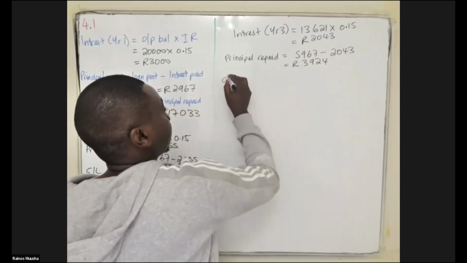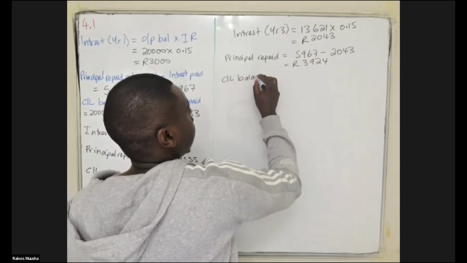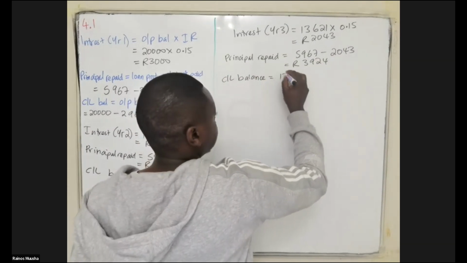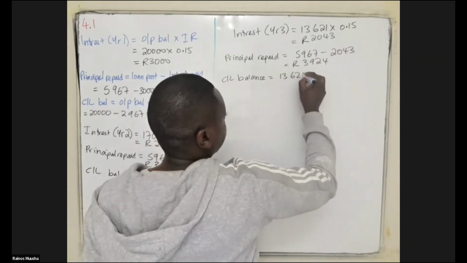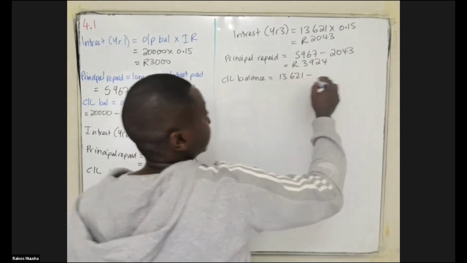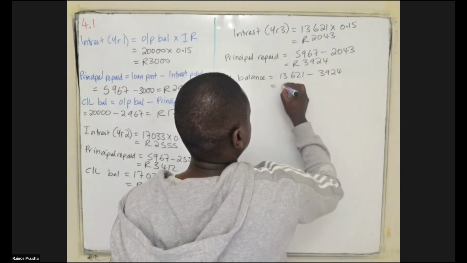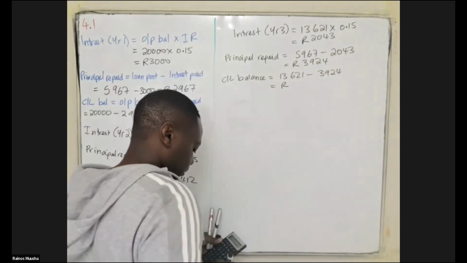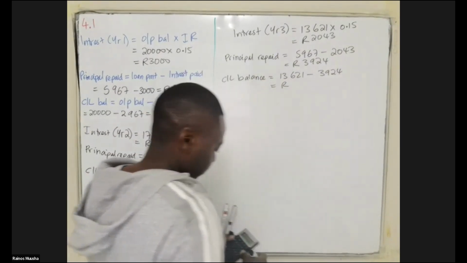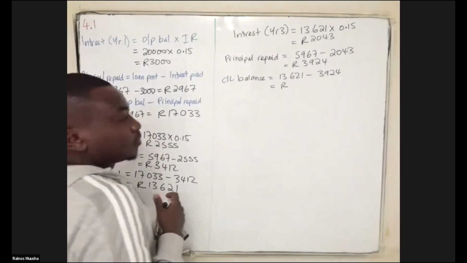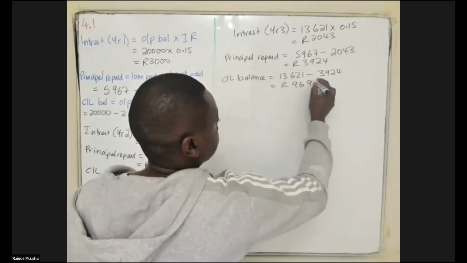And then the closing balance for year 3 would be equal to the opening balance of 13,621 minus principal repaid of 3,924. And how much is going to be the closing balance for year 3? 9,697.